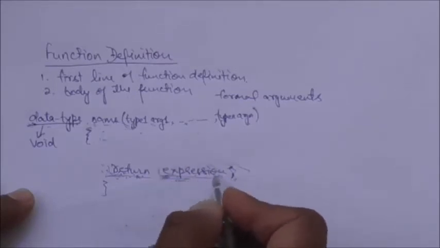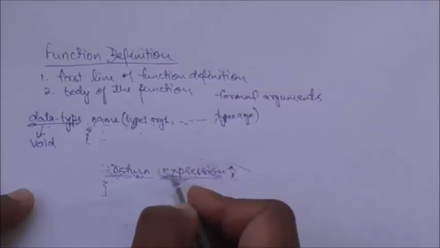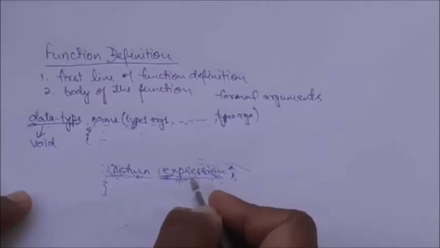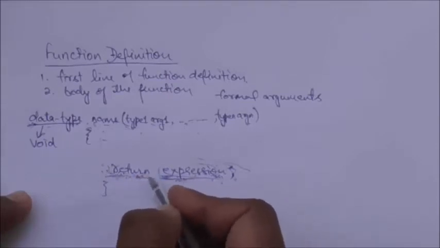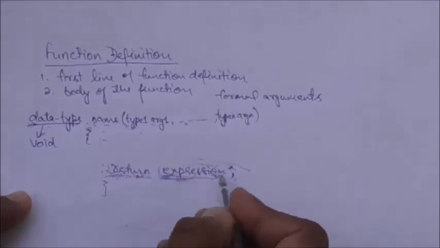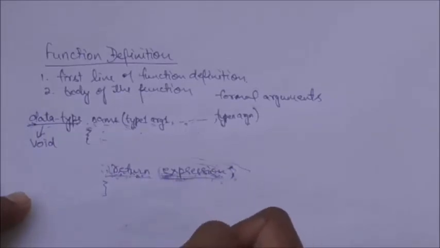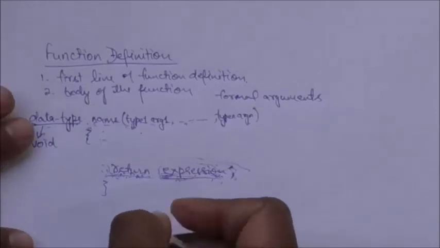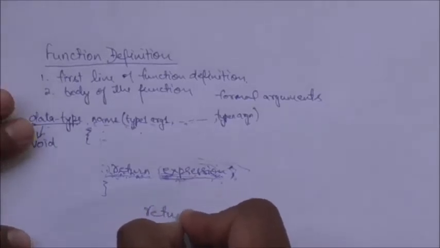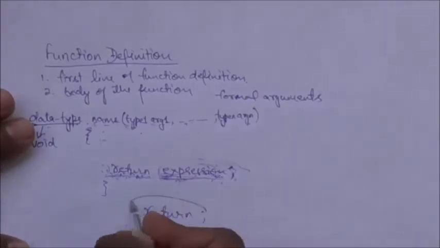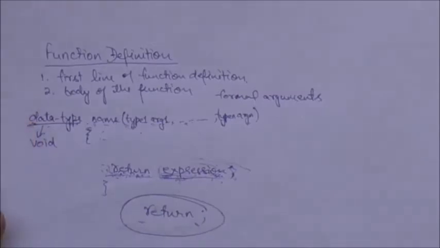Whatever value we get after evaluating this expression is returned by this return statement. In the return statement, the expression portion is optional. You can simply write return. When you simply write return, the return statement will not return any value.